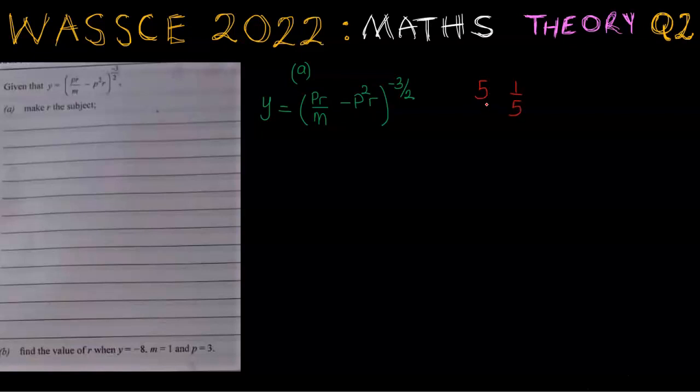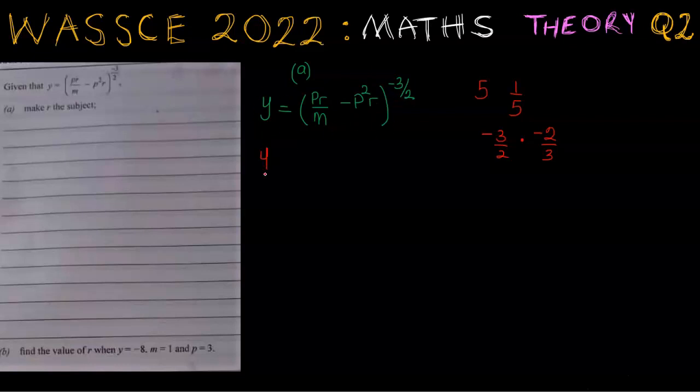The multiplicative inverse of a number is that number that when you multiply with the previous one, you get a positive 1. So we've got a negative 3 over 2. The only number that we can multiply to this to obtain 1 is a negative 2 over 3. So we are going to have to multiply the indices on both sides by negative 2 over 3, because whatever we do to one side, we have to do to the other side.